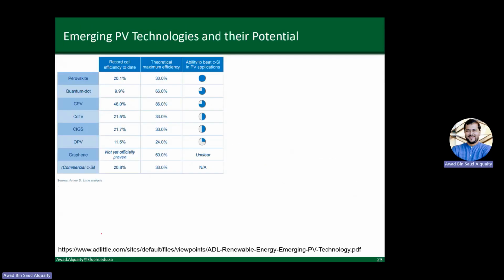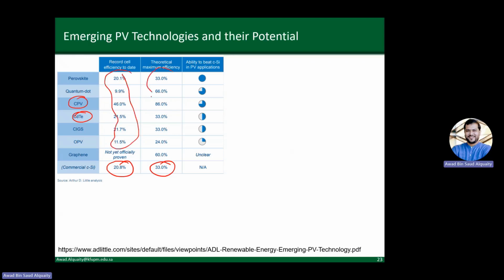We will conclude this chapter just by talking about what the emerging technologies are, right? Apart from the silicon solar cell that we spoke about, which has an efficiency of 20.8%, the record cell efficiency to date, with a theoretical efficiency of 33%, we have other technologies which are being worked upon, such as cadmium telluride, CIGS, concentrated PV, quantum dot, perovskite, a lot of different technologies, and each one of them has been demonstrated at different levels of efficiency, right?